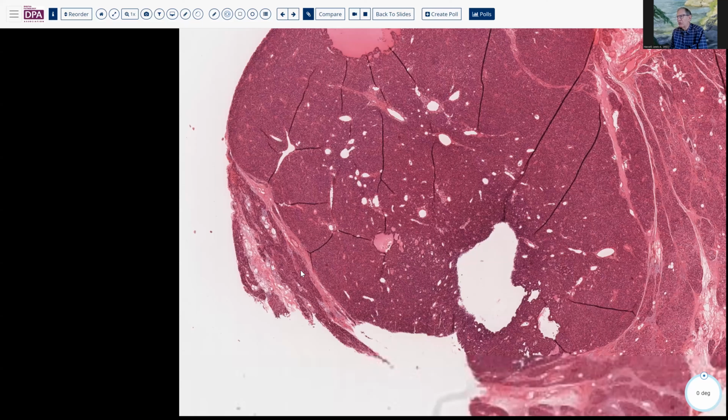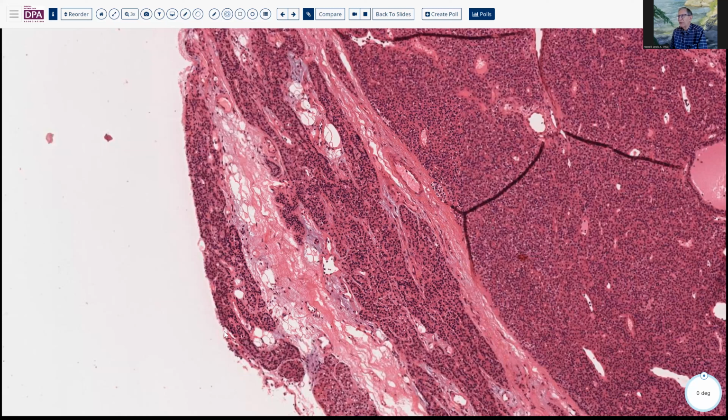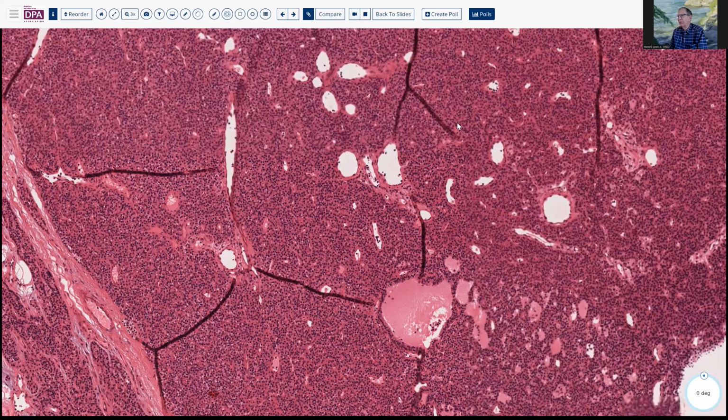Now, we said that you shouldn't see any normal residual gland, and you might say, well, what about this? Would this qualify? Well, it might. Sometimes that criterion can be a little bit confusing because you can't really tell if this is decreased fat or just some areas of this nodule where you have a little bit of tiny residual fat in that gland as well, which we saw over here, for example, in this area.